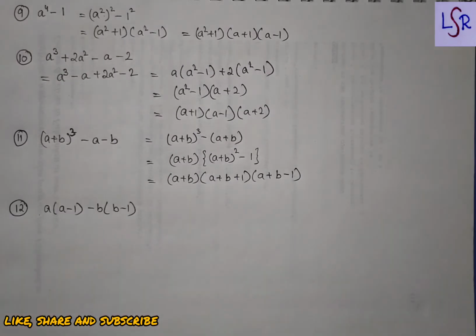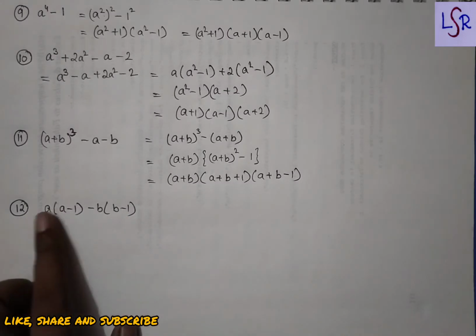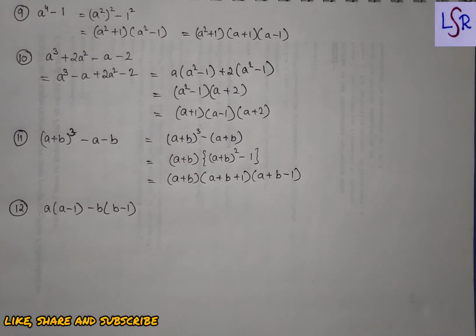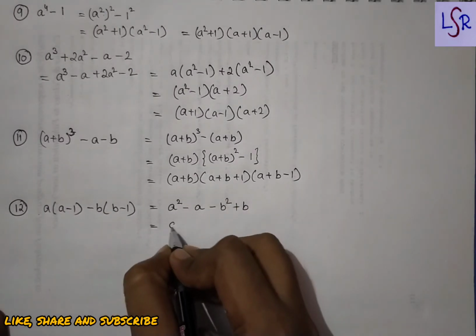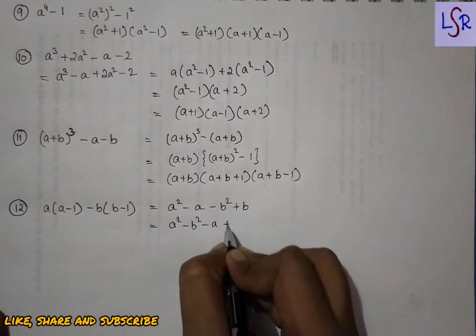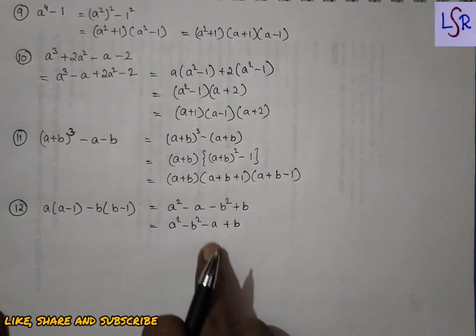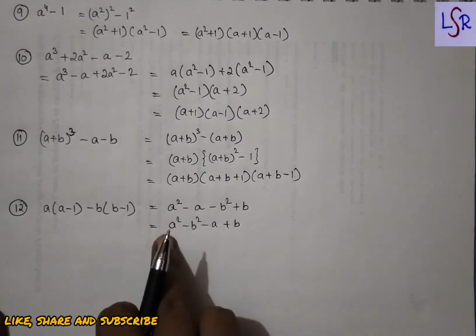Now let's see question number 12. In this one, we are having the question in this form. So very first of all, we have to open the bracket. After opening the bracket, we are going to rearrange it as a square minus b square, then minus a plus b. Now we can take minus 1 common from these two, and this can be written as a plus b and a minus b.